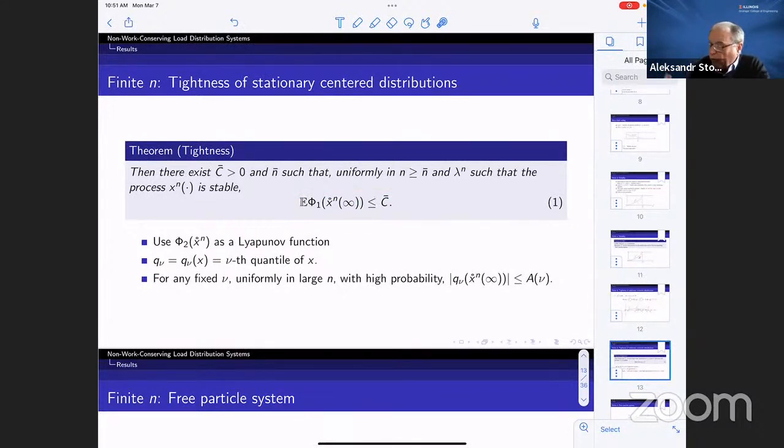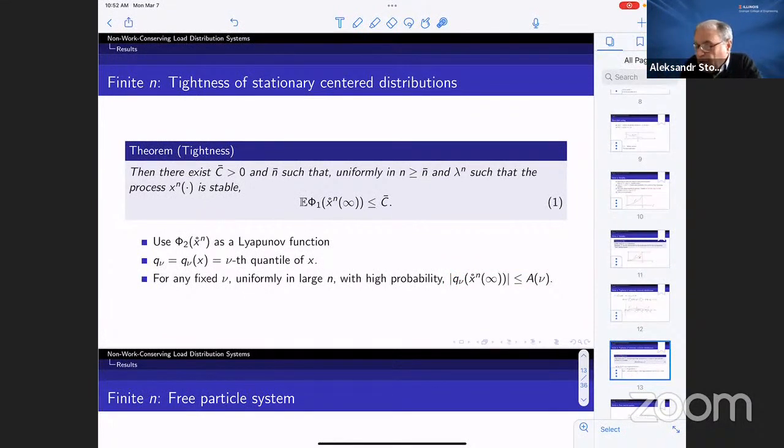What we will need this for is that if, for example, you look at a quantile, like the 90th percentile of the distribution, uniformly in n with high probability, it is within some constant of the mean.